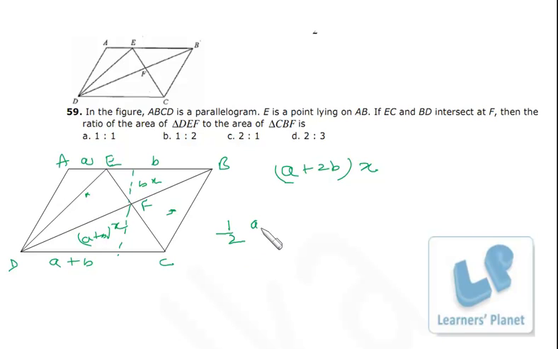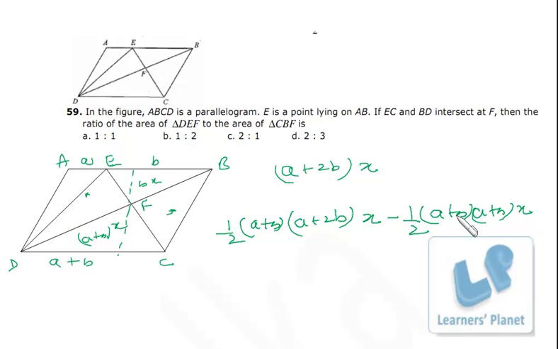So it is half A plus B into altitude, that is A plus 2B X, minus the area of triangle DFC, because we just want this area. So the DFC area will be half A plus B, that is base, into altitude, which is A plus BX. Okay, so this is the area of DEF.